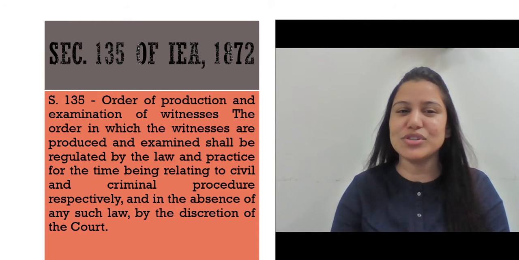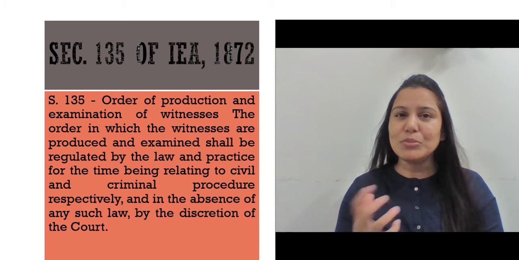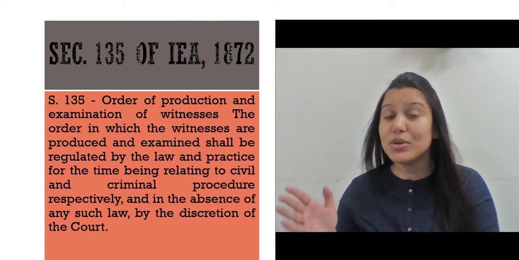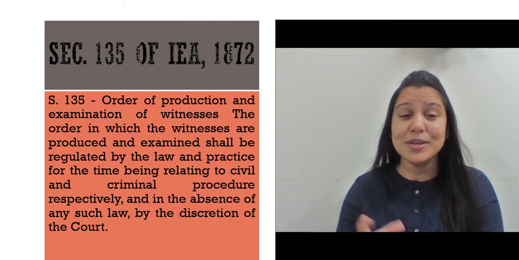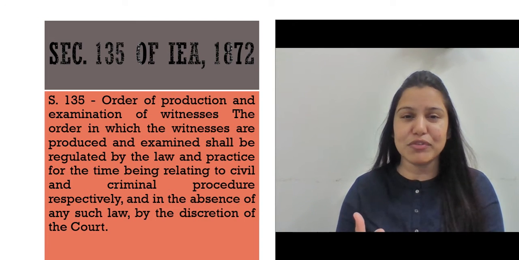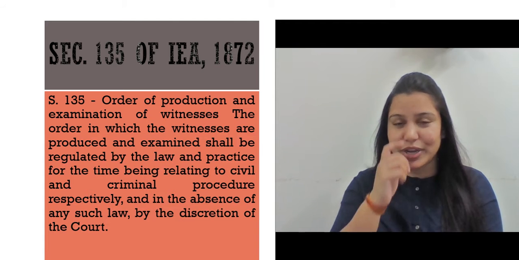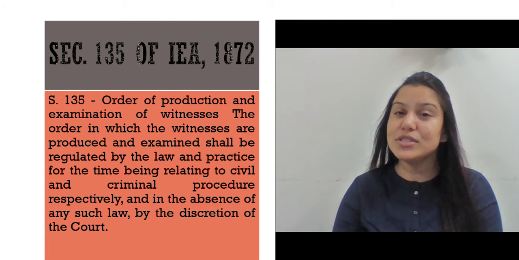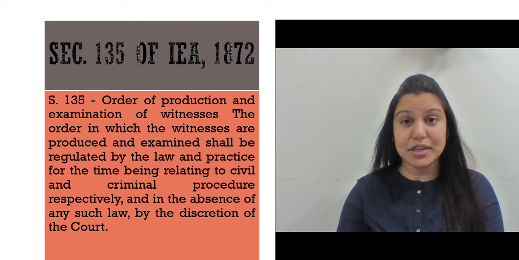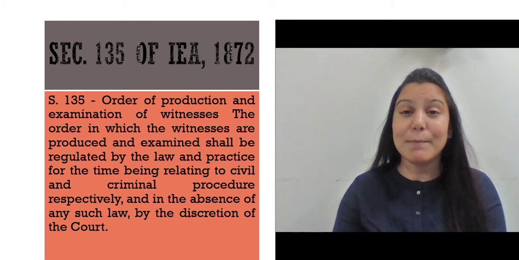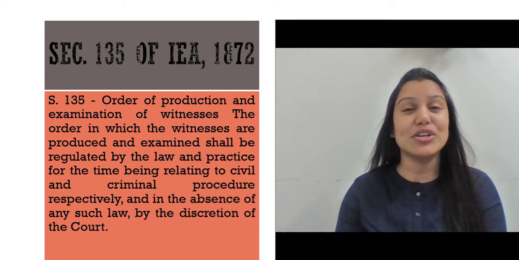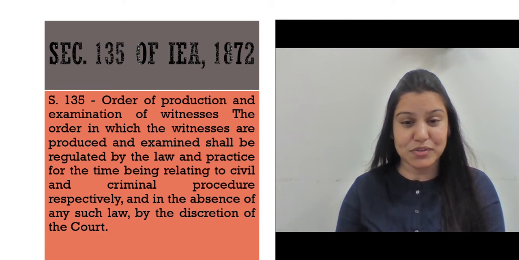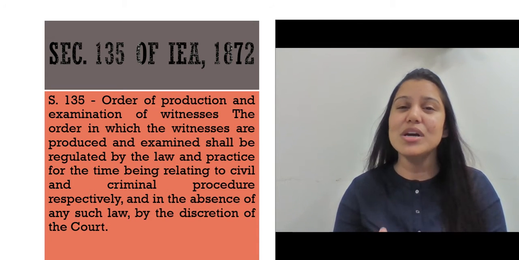What this section is trying to say is that when it comes to the order of production of the witnesses, like how they should be called, that shall be regulated by the respective rules of the criminal procedure and the civil procedure. But if there is no rule defined by any of these procedures, then it is up to the discretion of the court.